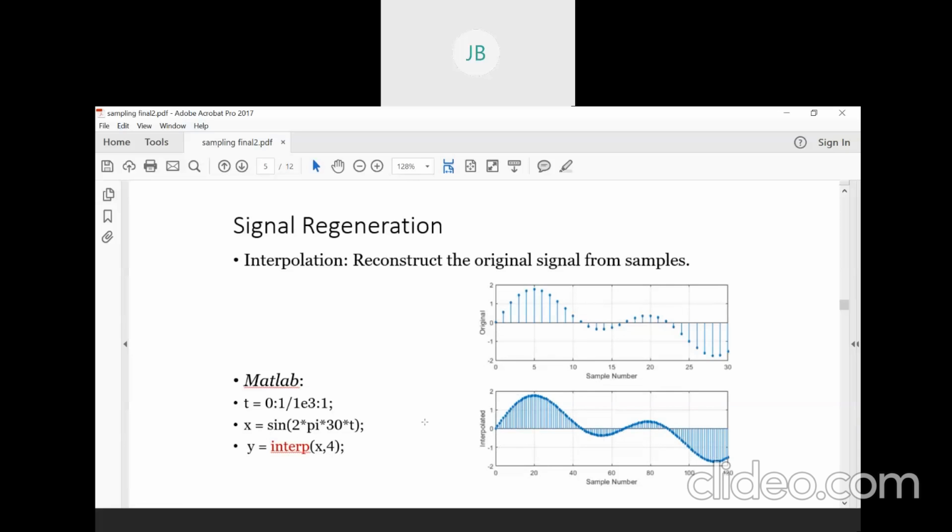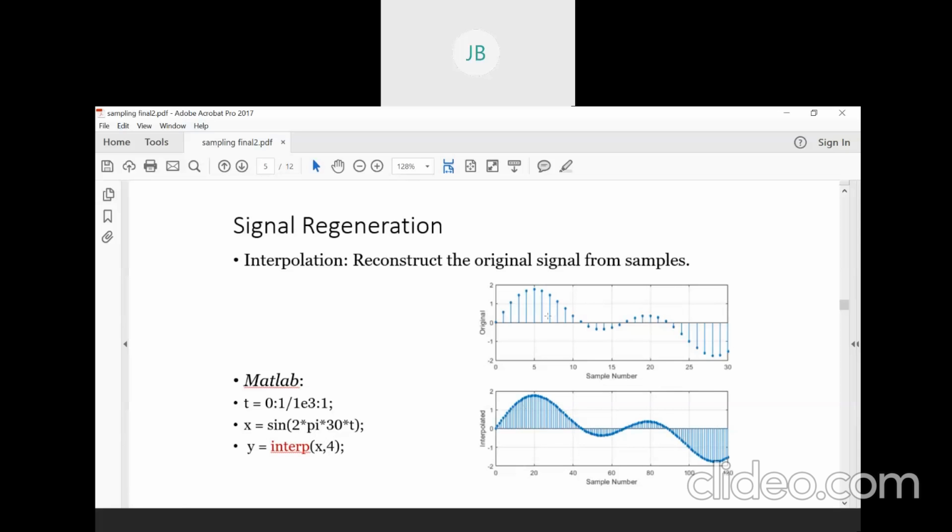So this is how interpolation is done to regenerate the signal. We mainly use the command interp, in this case interp x, 4. The number here indicates the multiplying factor, so that many times the number of samples will be increased.